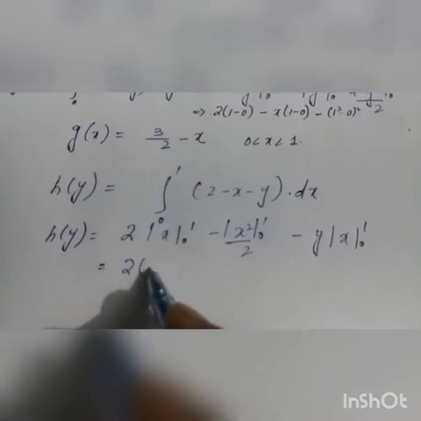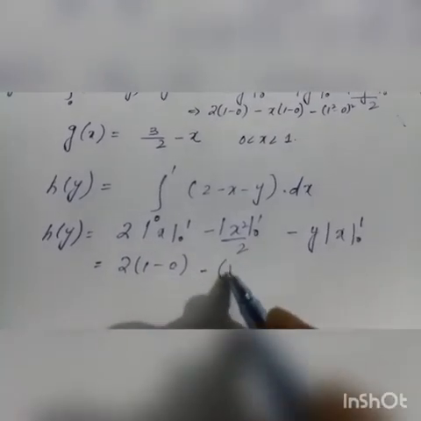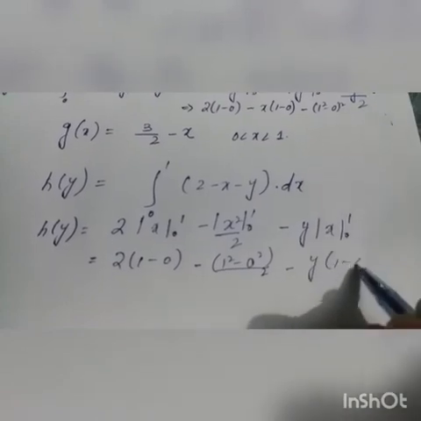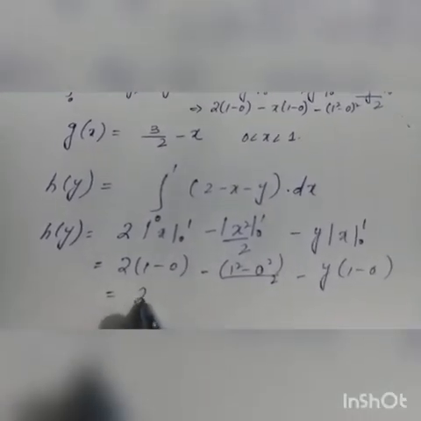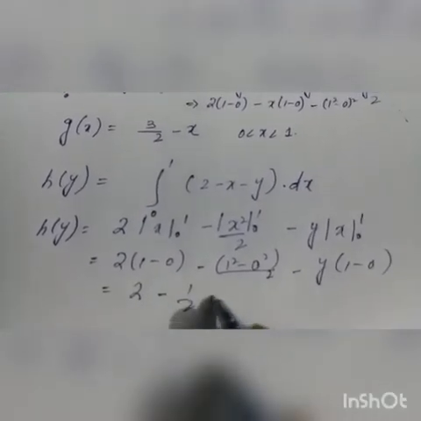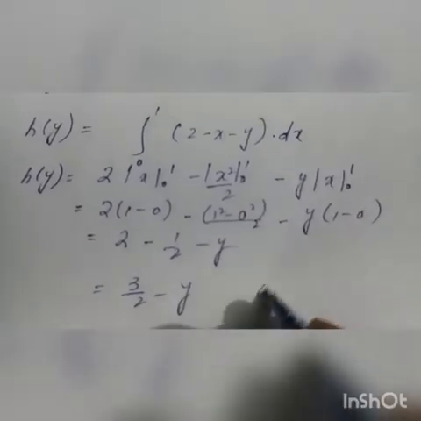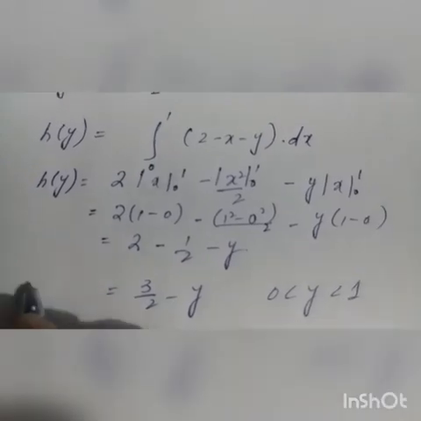Now apply the limits, it becomes 1 minus 0 minus 1 square minus 0 square upon 2 minus y as it is 1 minus 0. So it becomes 2 minus 1 upon 2 minus y, that is 3 upon 2 minus y, from the limit 0 is less than y is less than 1.